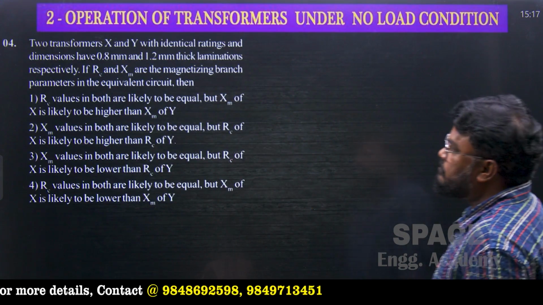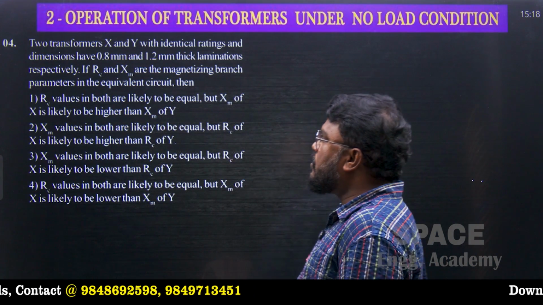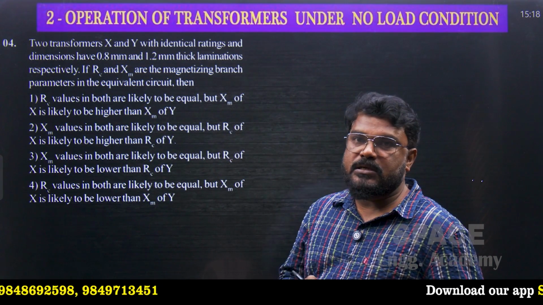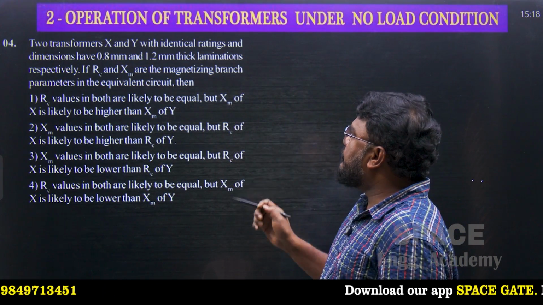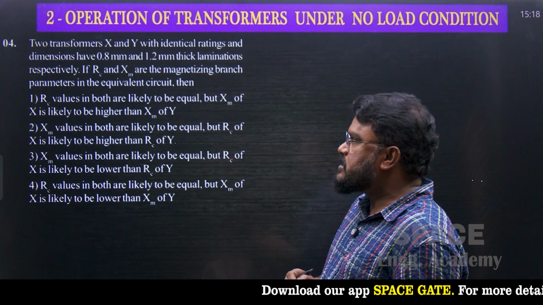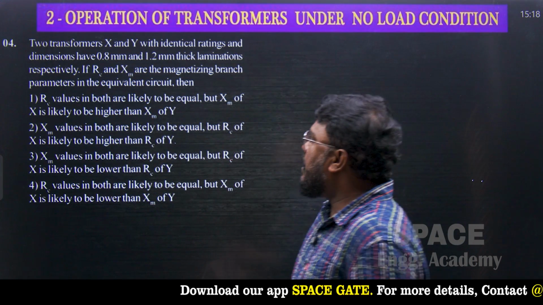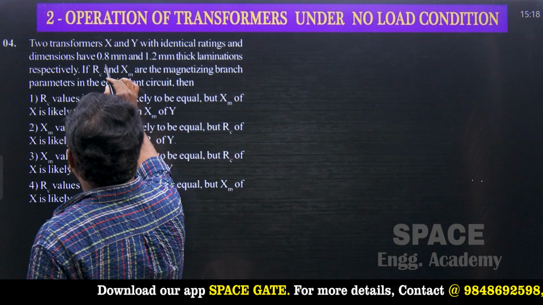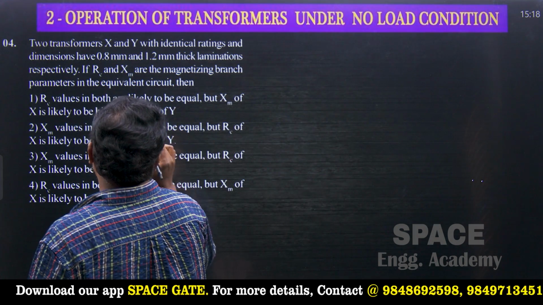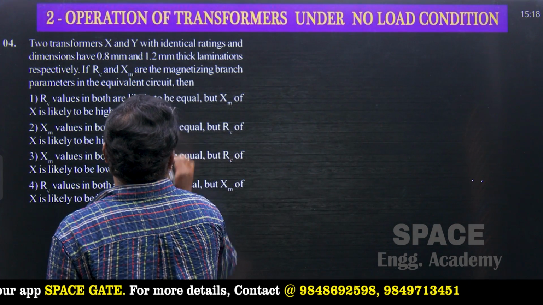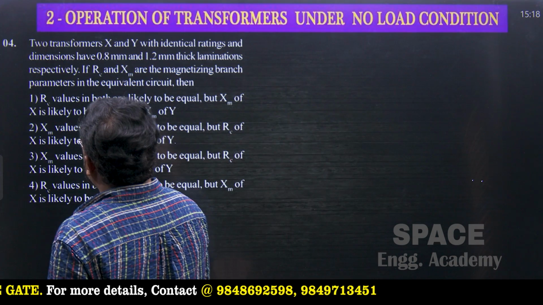And next, question number 4. Two transformers X and Y with identical ratings and dimensions have 0.8 mm and 1.2 mm thickness laminations respectively.